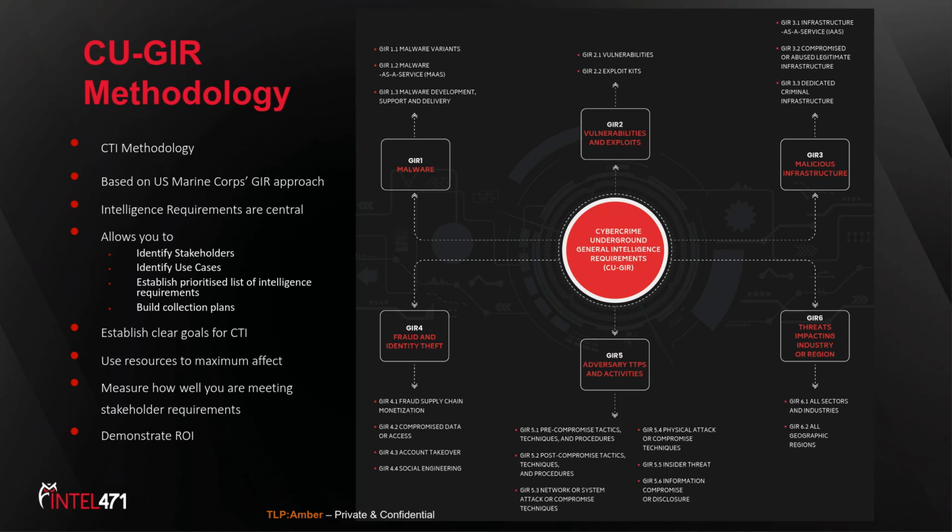You can make improvements to the way you run the CTI program to increase the way in which you're meeting the stakeholder requirements. And finally, very importantly, it allows you to demonstrate the program's ROI. So this is a one-slide introduction to the CUGIR methodology.